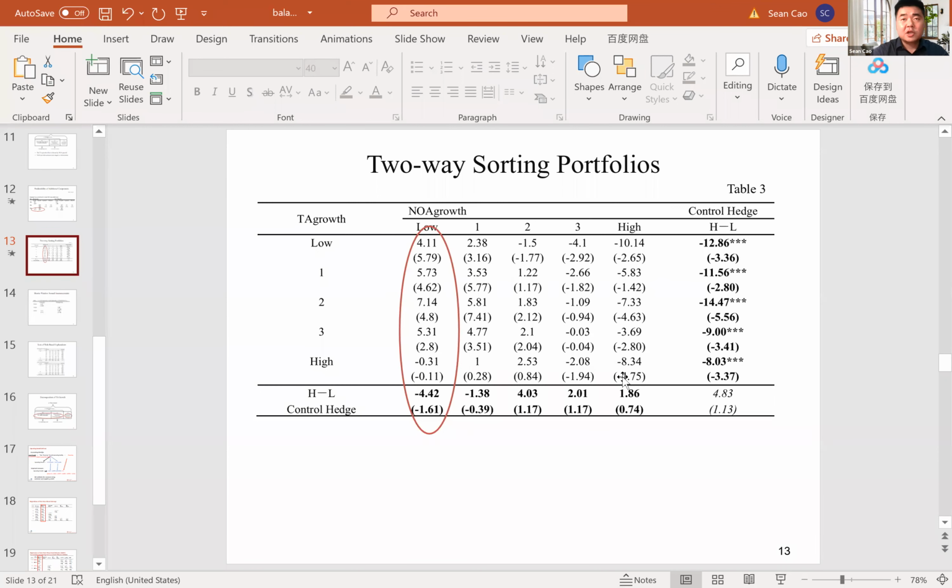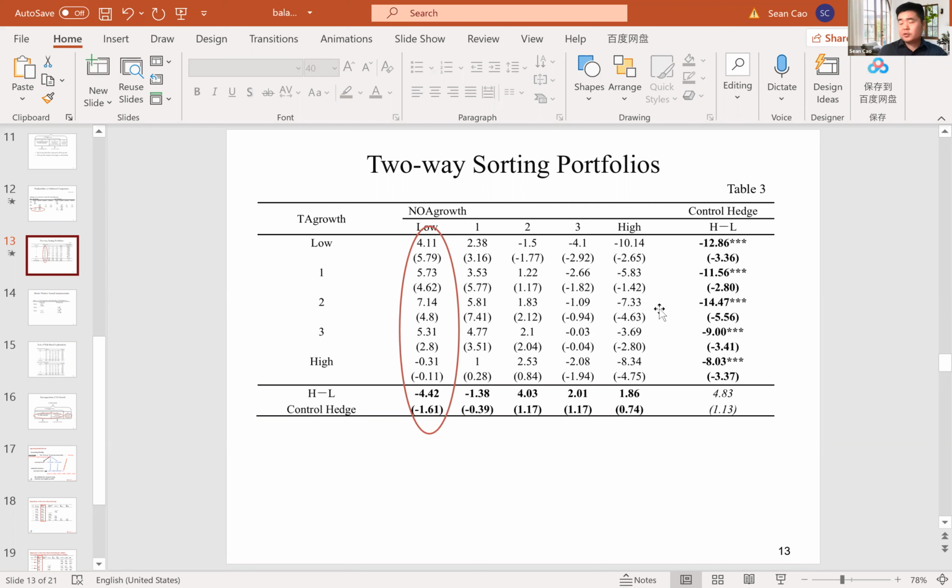And this portfolio here is the group of stocks which has low total asset growth and high NOA growth. Make sense? And this one is the stocks which have high total asset growth and low NOA growth. Okay, that's why we do two-way 2x2 sorting.